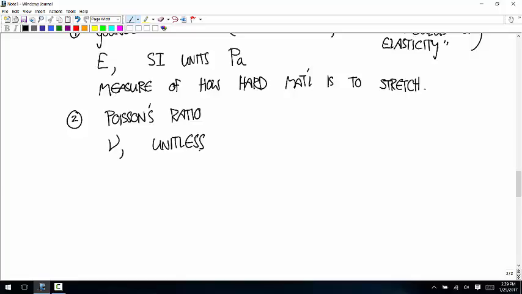And it measures when you stretch a material in one dimension, how much do the sides contract in? If you take most materials, if you push on them, the sides bulge out. And if you pull on them, the sides suck in. So it's a measure of that out of plane correction that's made.